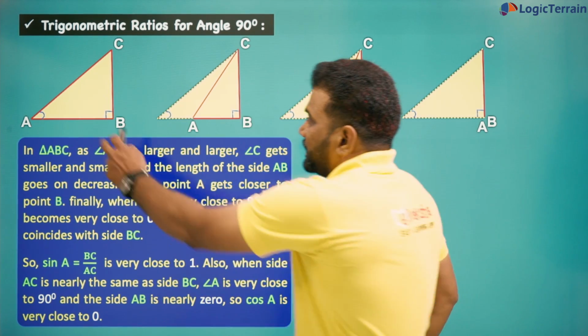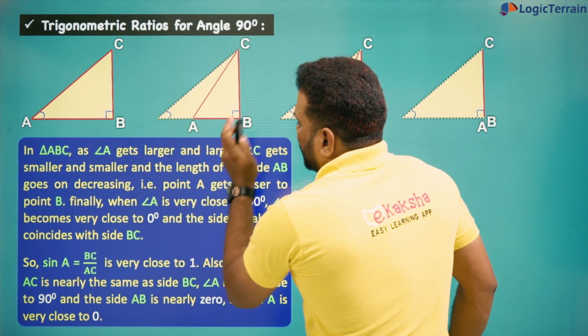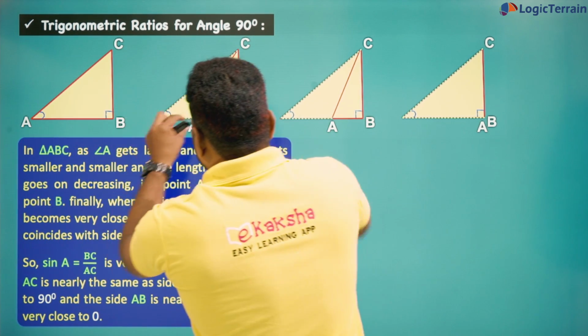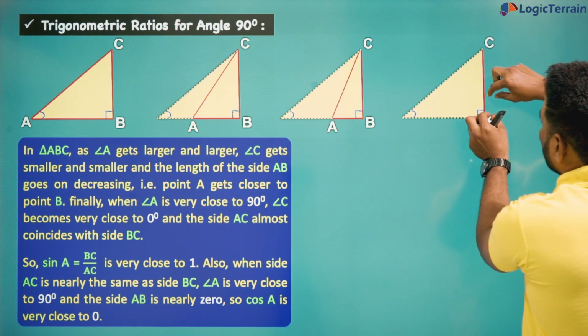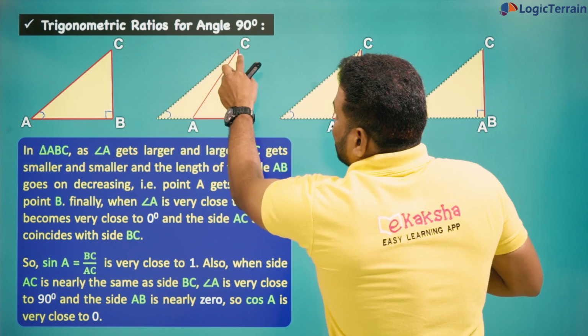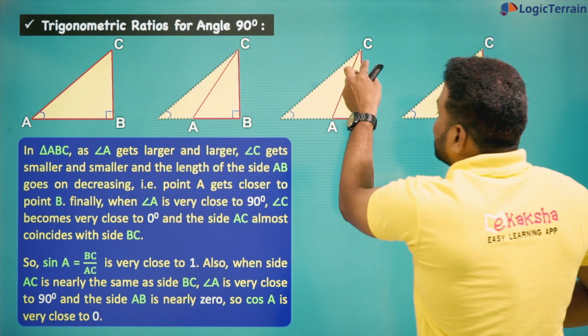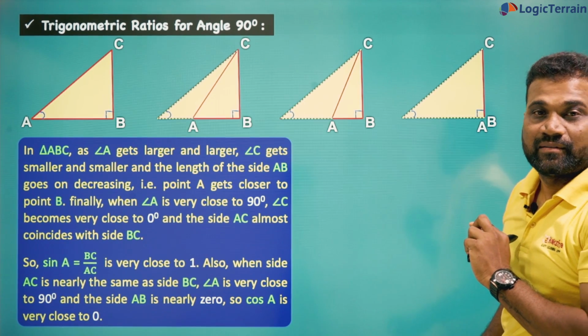Here you can see, in triangle ABC, as angle A gets larger and larger. Initially this is angle A, this much, okay. Now increased more, now almost 90 degrees. So when it keeps on increasing, initially angle C is this much, angle C decreased more, and angle C is almost 0, right?